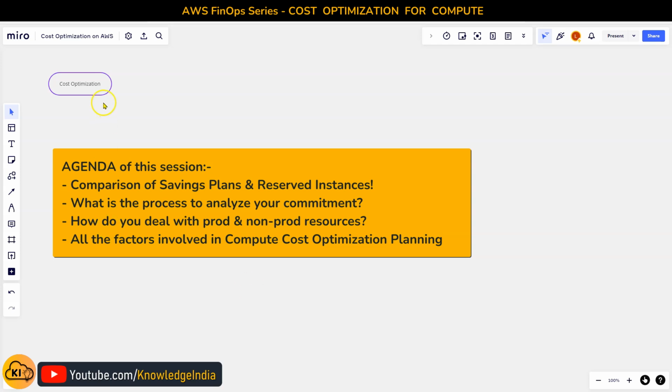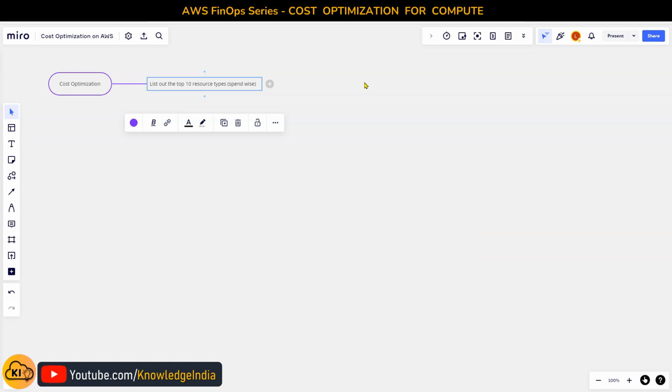So the very first thing you should do is list out the top 10 resource types, spend wise, of course. So how would you do that? A good step would be to open your AWS Cost Explorer in the management account or master account.